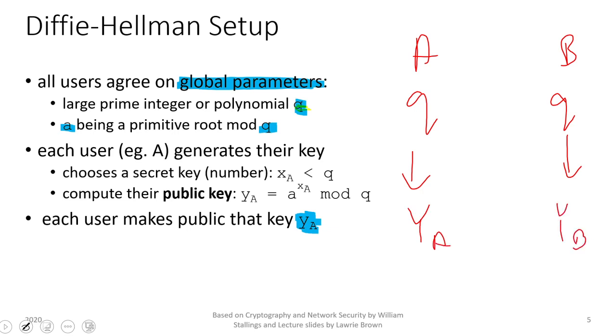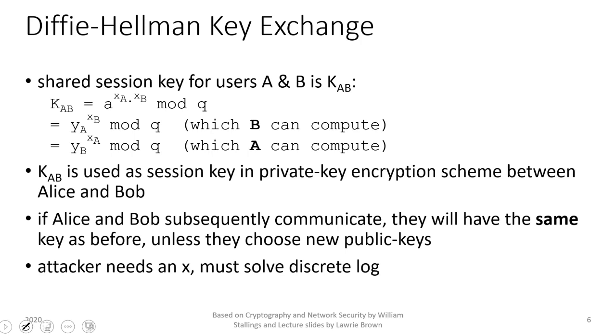So each entity will calculate this public key first. Then this public key will be using this shared information. Then after that, each of them can use, because that public key can be exchanged.